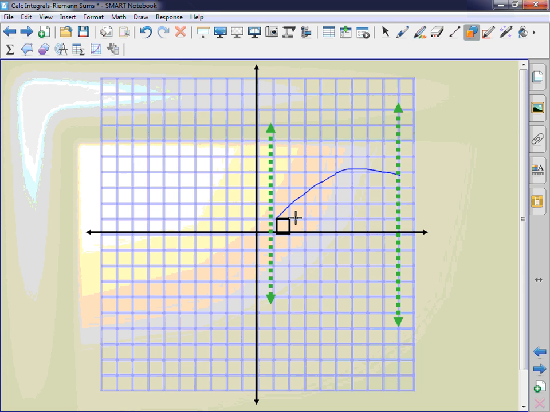I can put a full one there, a full one there, one there. What am I doing? Making little rectangular regions. These are my bars. I have 1, 2, 3, 4, 5. I could find the areas, but it's these pieces right here that cause me a problem, right?